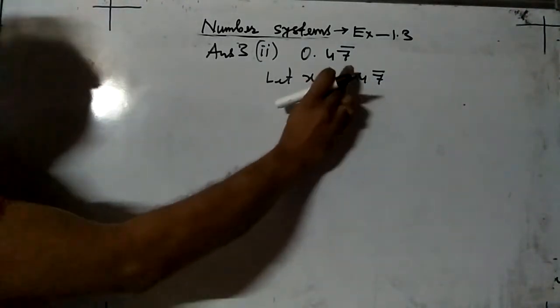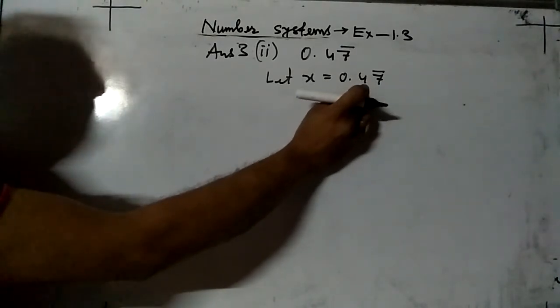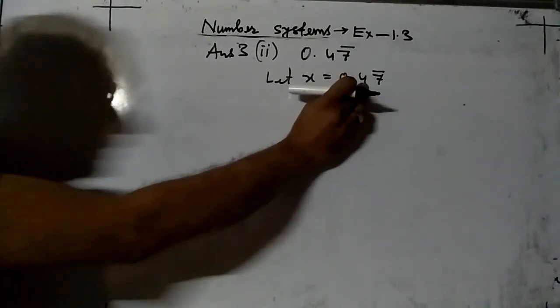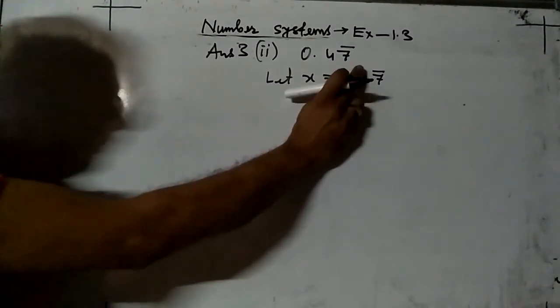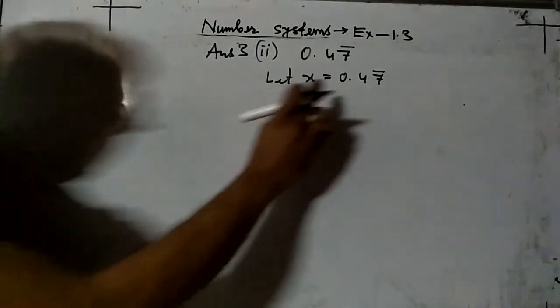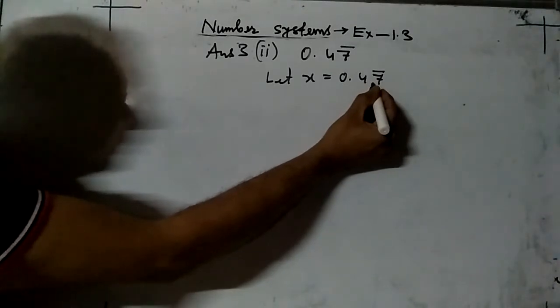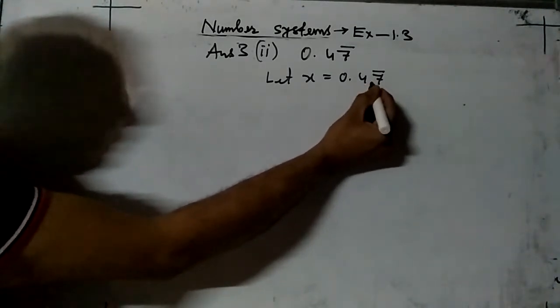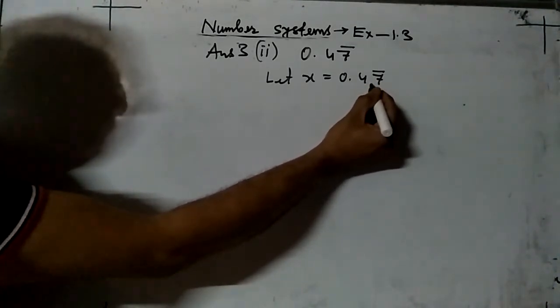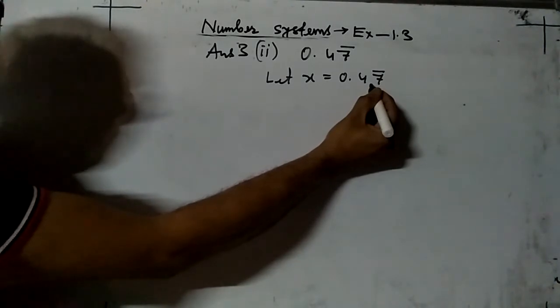Now just observe, after the point 4 is there, but on 4 the bar is not present. So you have to bring the point near the bar. After that you can put it as equation number 1.